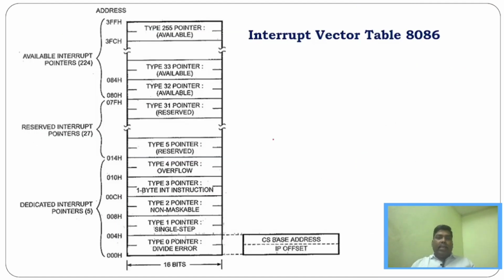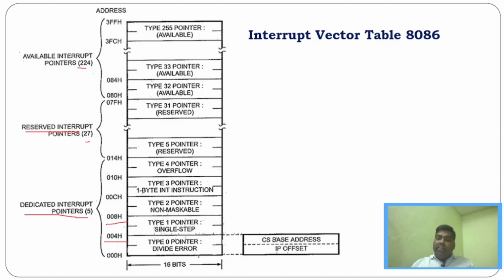You can see the interrupt vector table again: the dedicated interrupts, the reserved interrupts, and the available interrupts. If you take type 0, it starts from 00, type 1 starts at 04, and type 2 at 8, and it goes on like that.